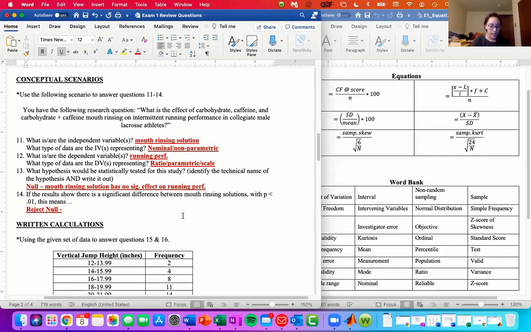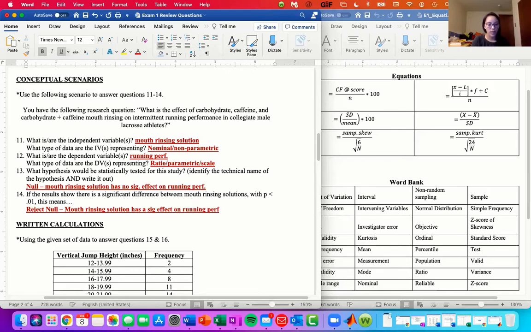So in this case, we could write the results a couple of ways. Maybe I'll write it this way, just writing the opposite of what we wrote above. Mouth rinsing solution has a significant effect on running performance.